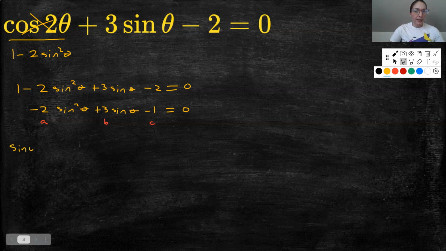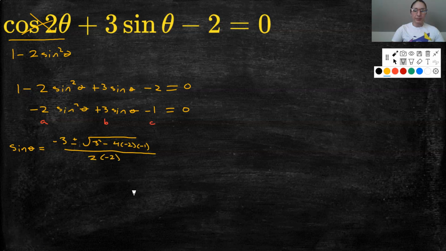So sine theta would be negative B plus or minus the square root of B squared minus 4 times A times C, all of this over 2 times A. Okay, let's simplify. 3 squared is 9 minus negative 2 times negative 1, positive 2.